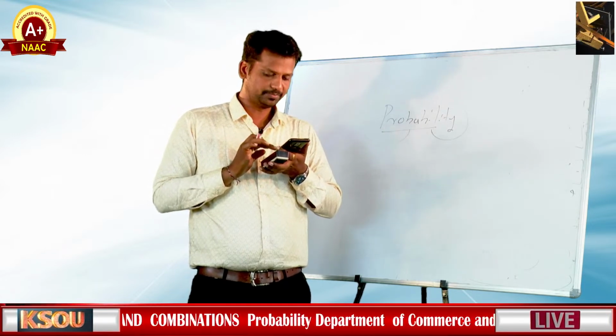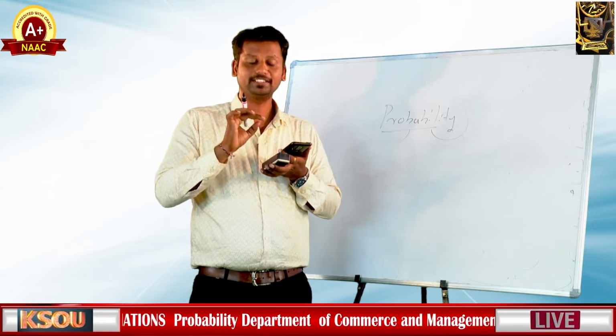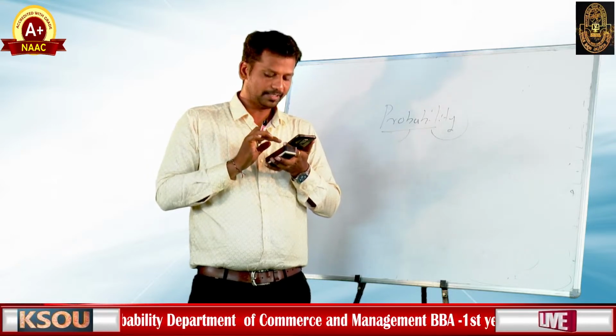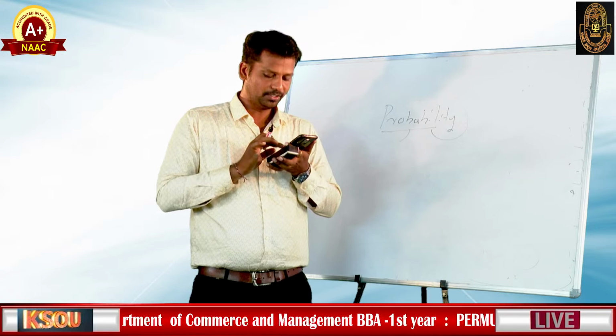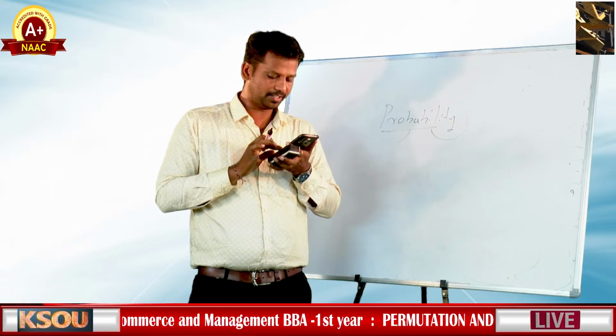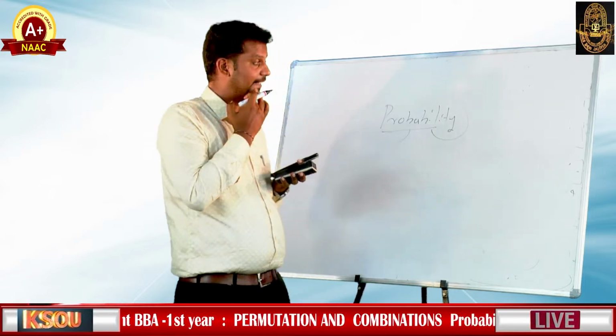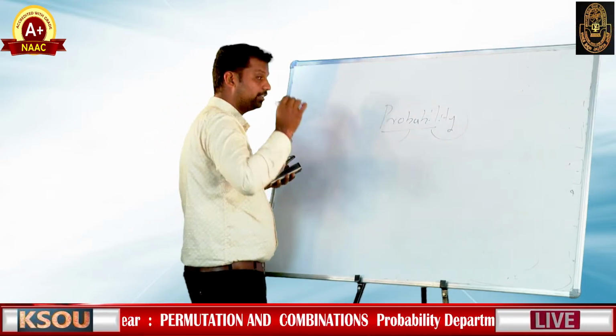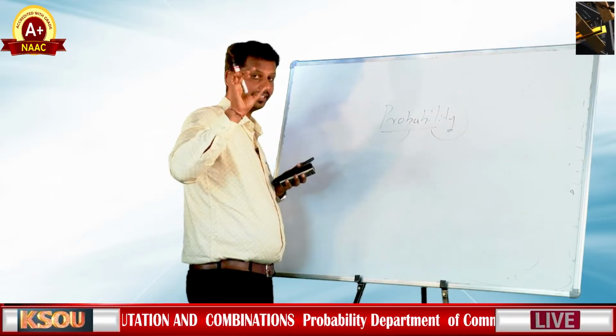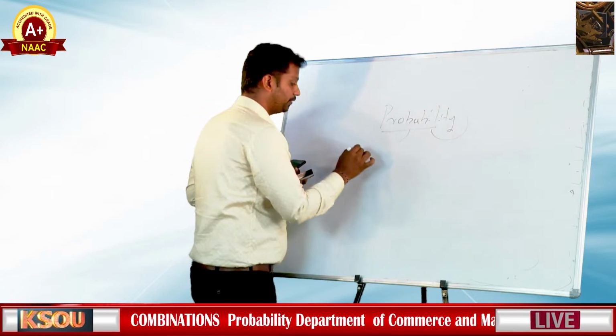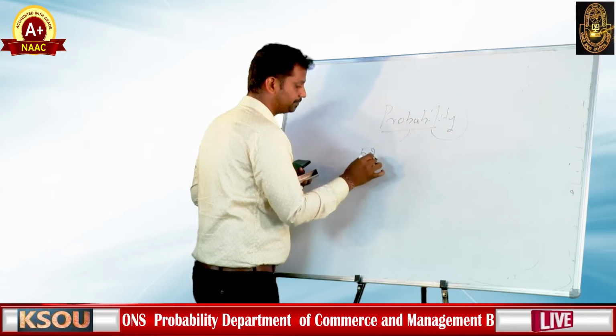In your study materials, question number 2: one card is drawn from a well-shuffled pack of playing cards. Find the probability that the card is a heart. In a pack, 52 cards are there.